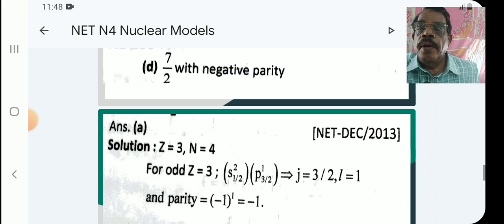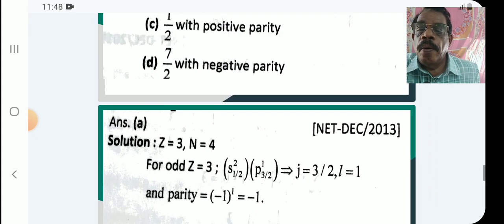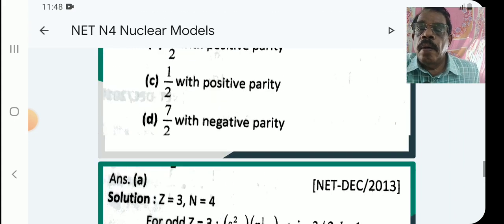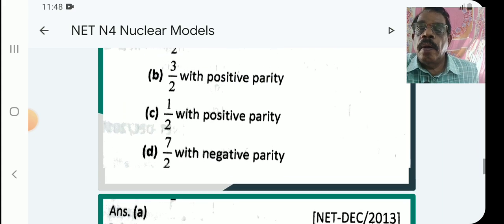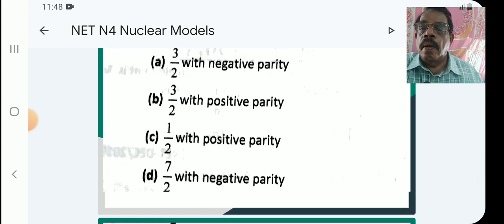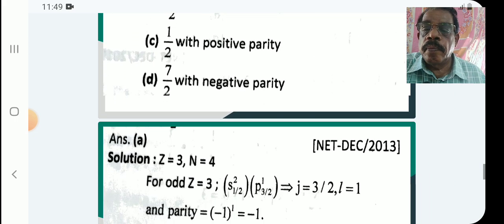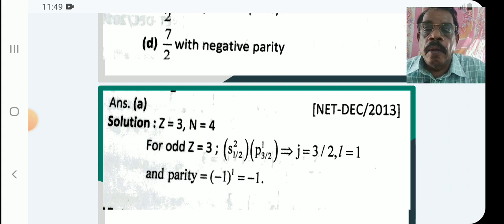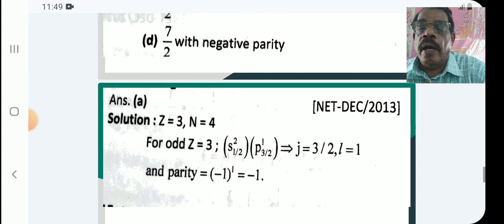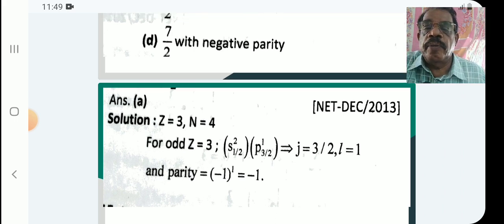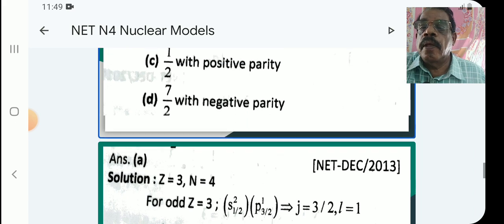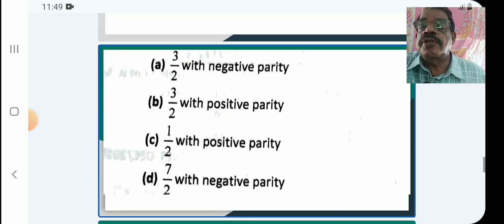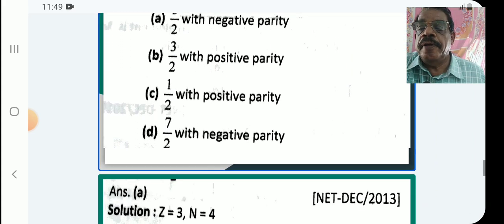So J is 3 by 2 and it is odd parity. Answer is A. J is 3 by 2, that is written first with the odd parity, negative parity.